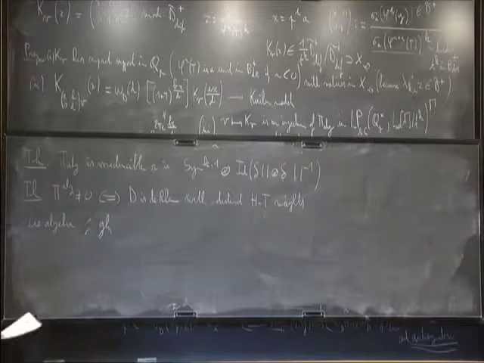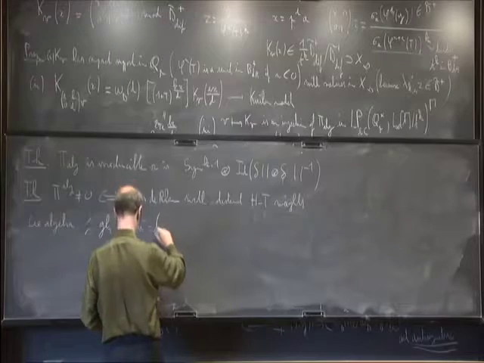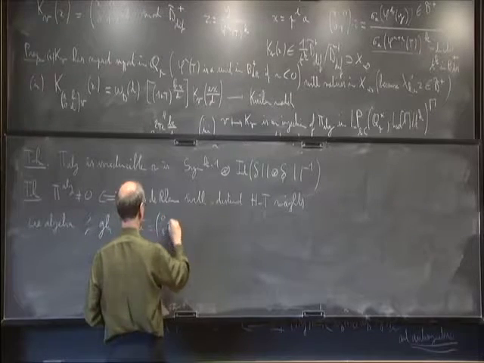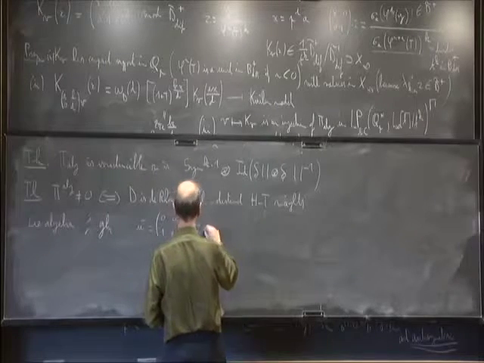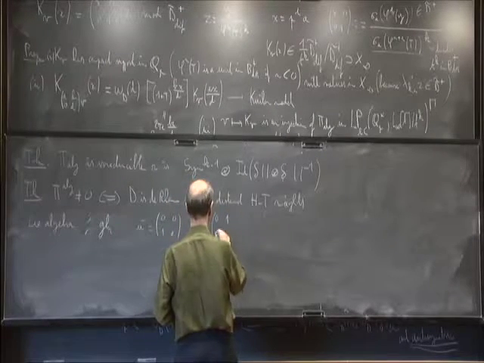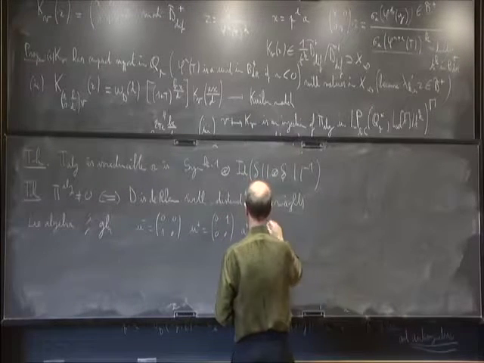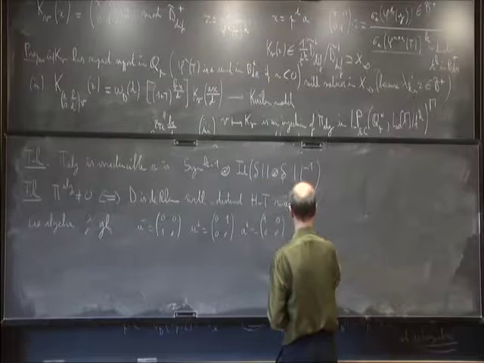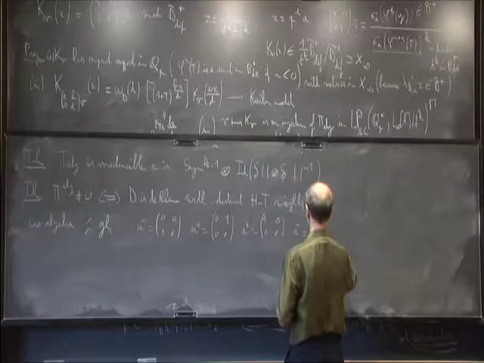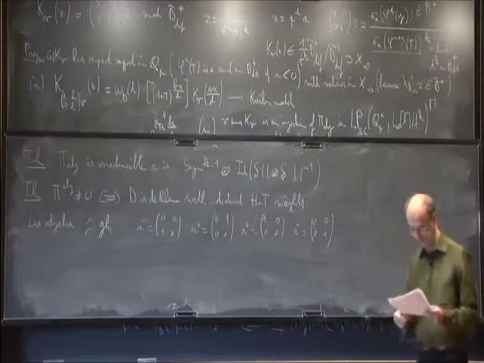And in this Lie algebra, you have 4 elements, which I call U minus, which is 0, 1, 0, 0, U plus, which is 0, 1, 0, 0. You have A plus, which is 1, 0, 0, 0. And you have A minus, which is 0, 0, 0, 1.